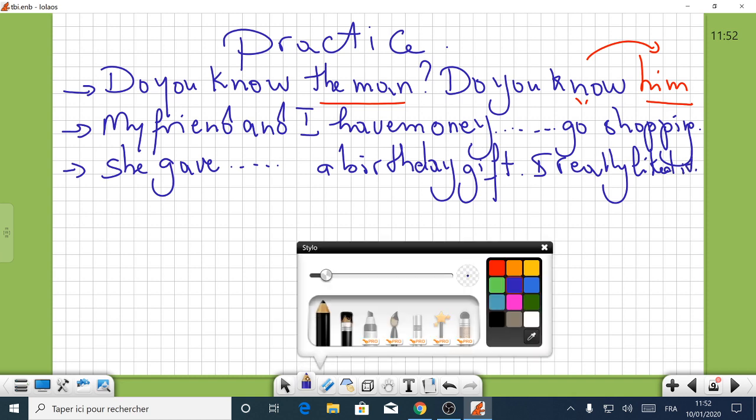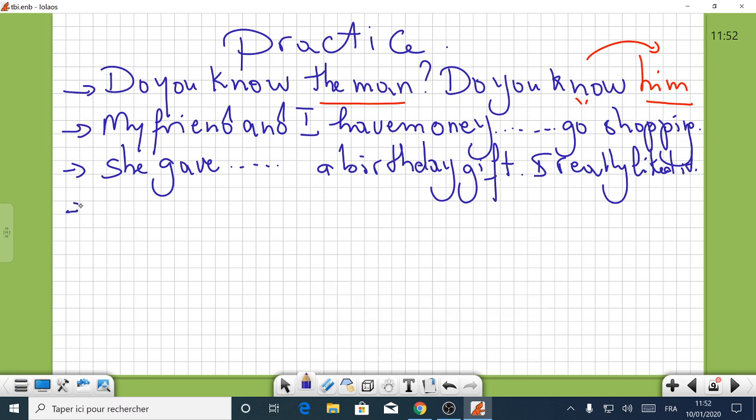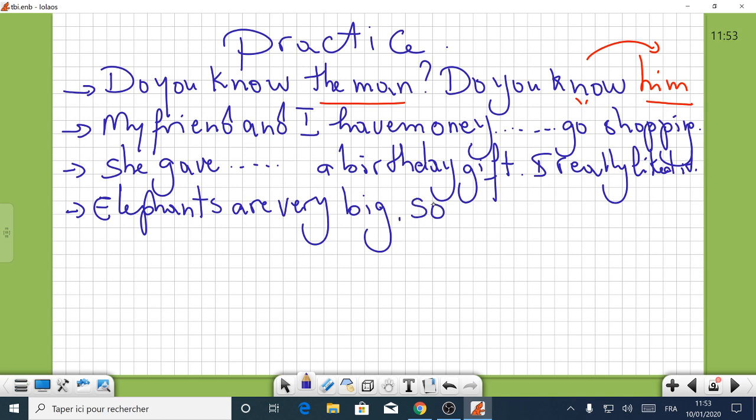And then we go to the next sentence, please. Elephants are very, very big. So eat food a lot. Eat food a lot.